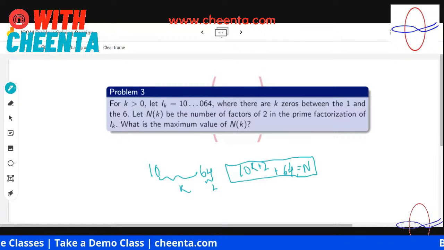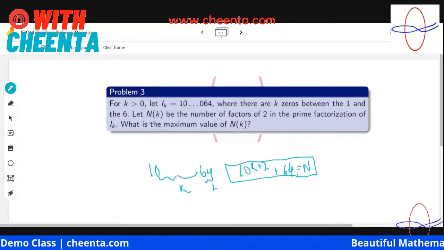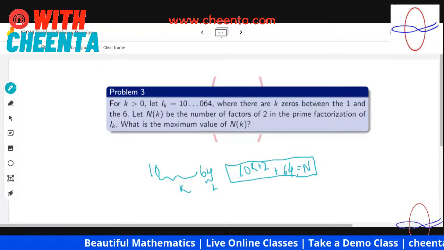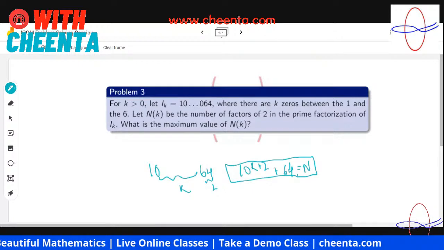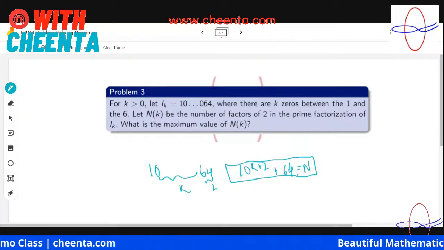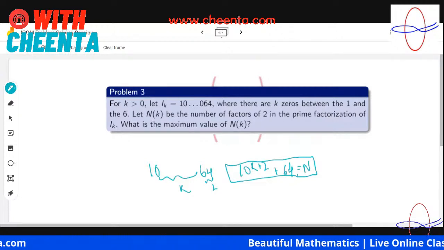Yes, so now the first idea is to algebraify the problem into 10 to the power k plus 2 plus 64, right?